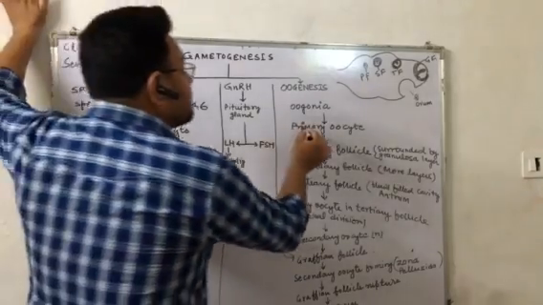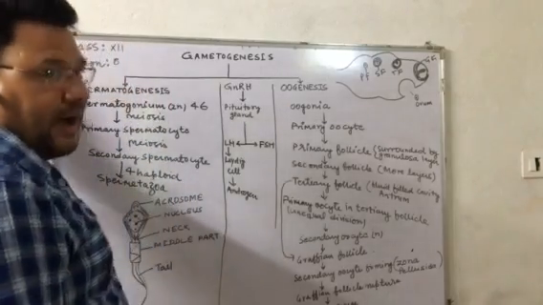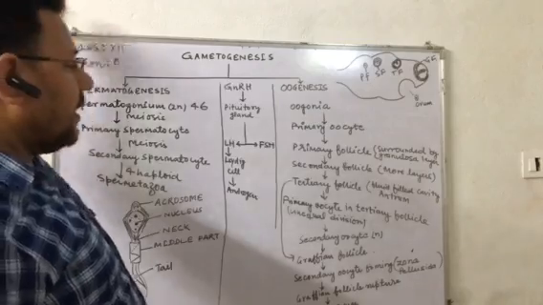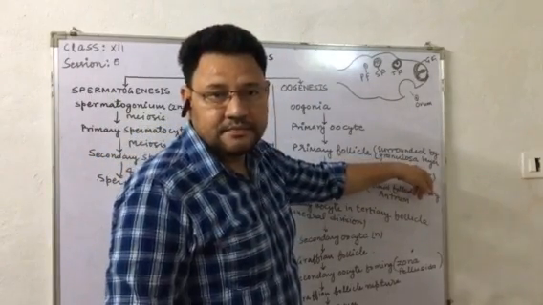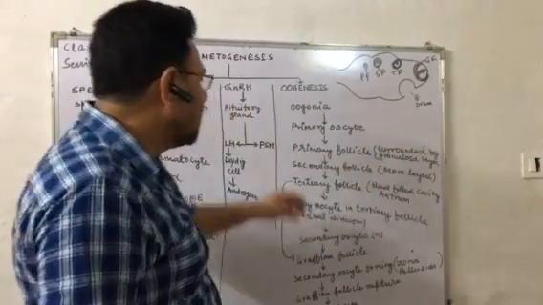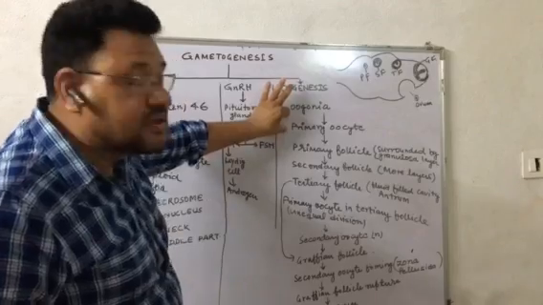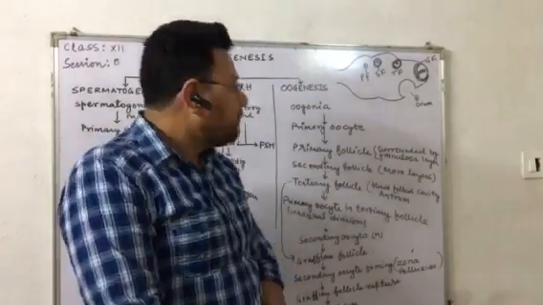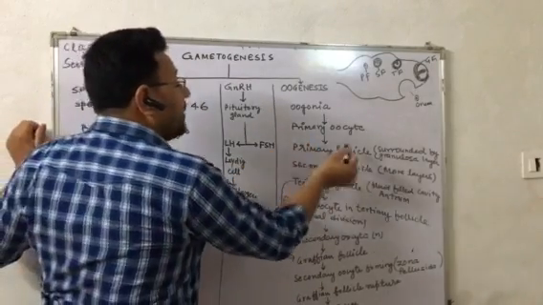When this primary oocyte is surrounded by one or two layers of granulosa, it is known as a primary follicle. What happened? This primary oocyte surrounded by granulosa layer is now called a primary follicle.